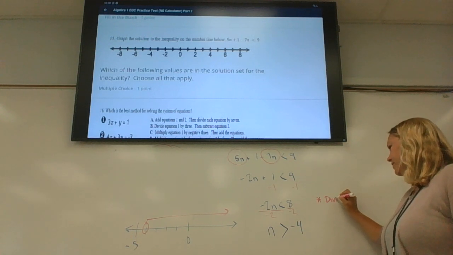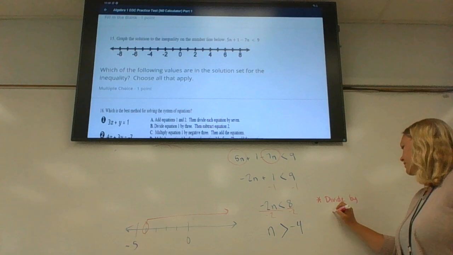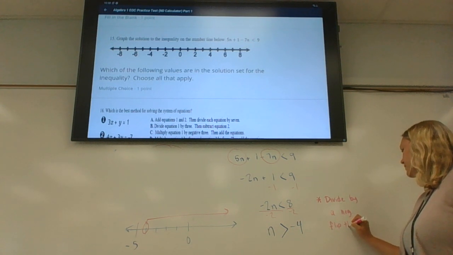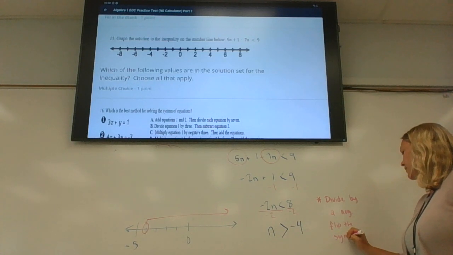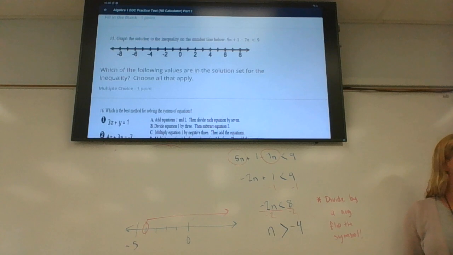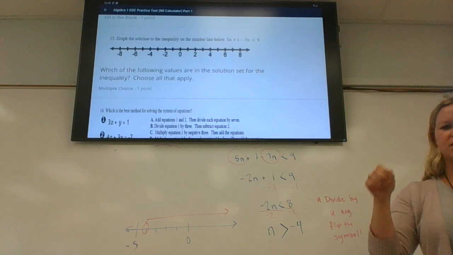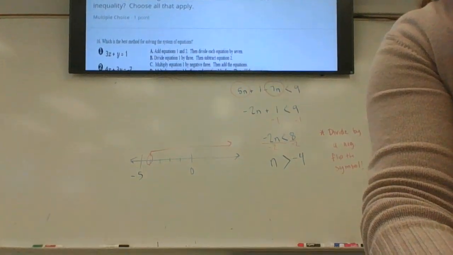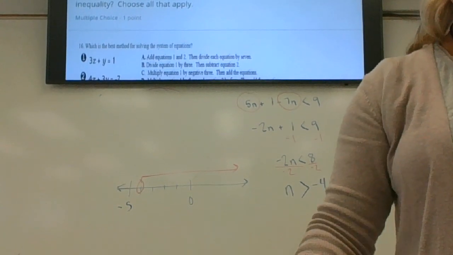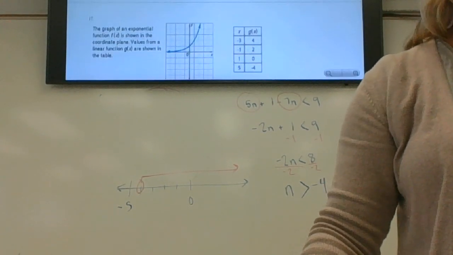Because you divided by a negative. Divide by a negative, flip the symbol. So it was like you had to drag and drop the answers that were true. Like all but 2 were true.